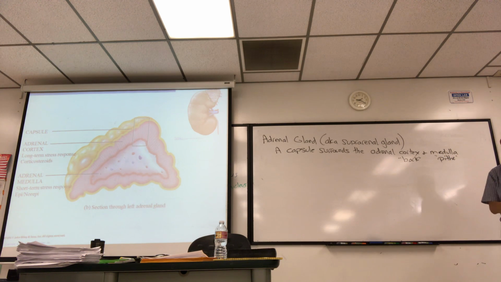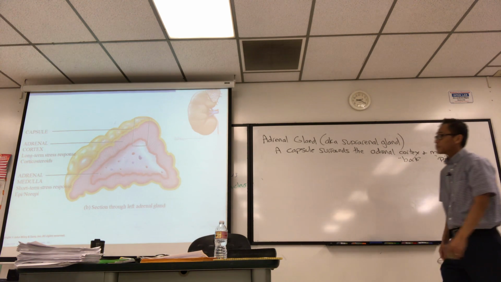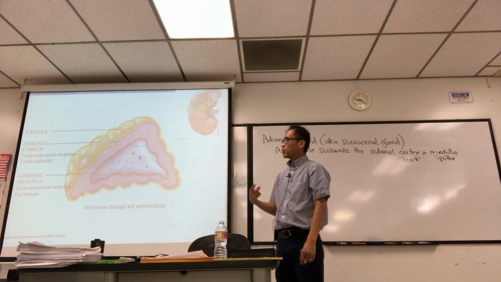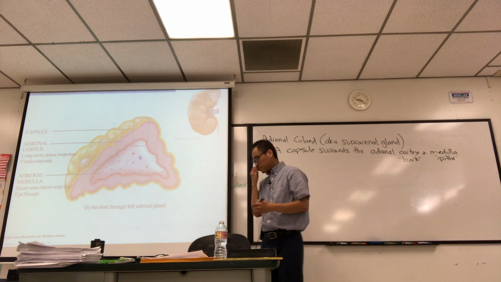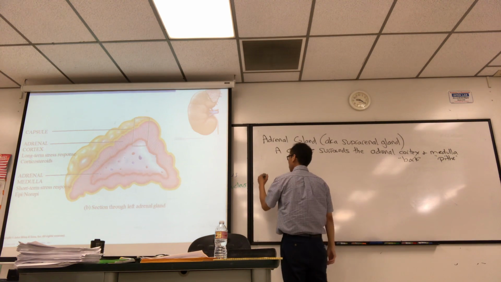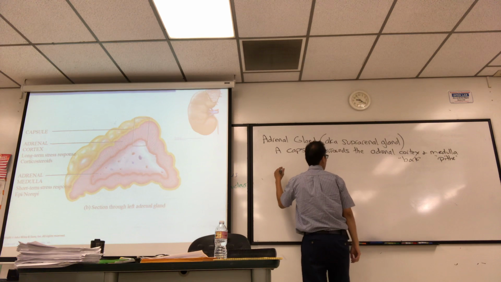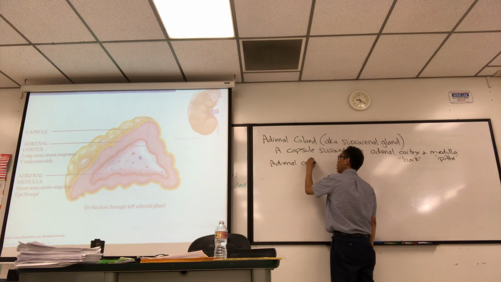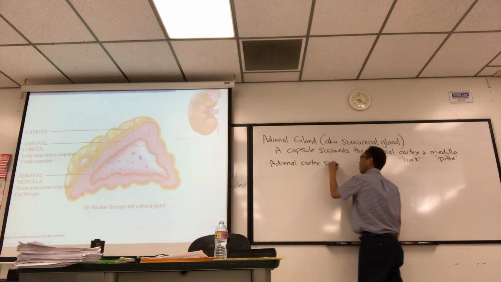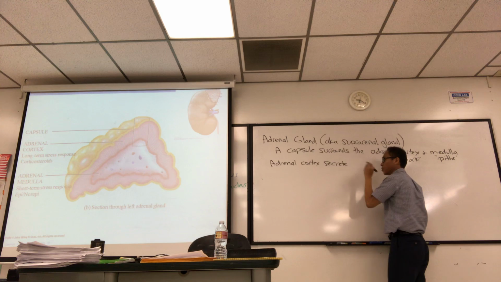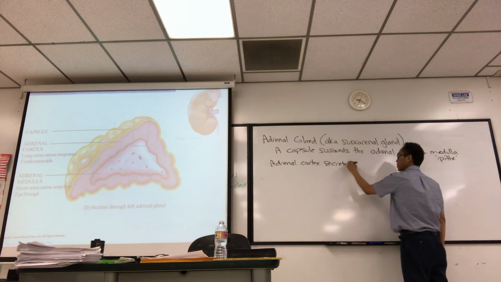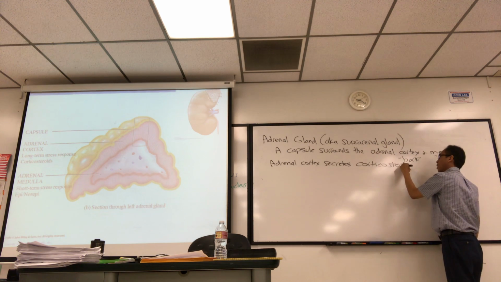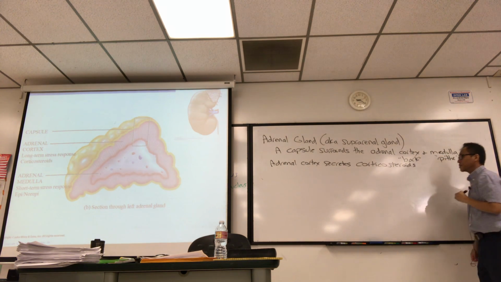Now they have different functions, okay? As I say on the slide, the outer region, the cortex, secretes corticosteroids that help you deal with long-term stress responses. So that's what I'm writing. The adrenal cortex secretes corticosteroids.